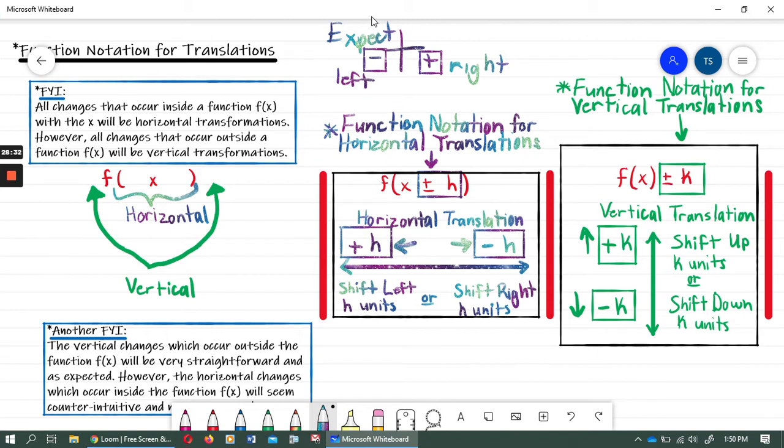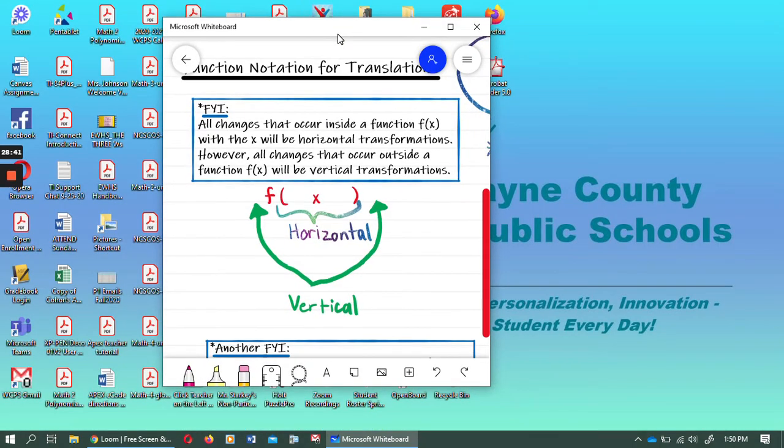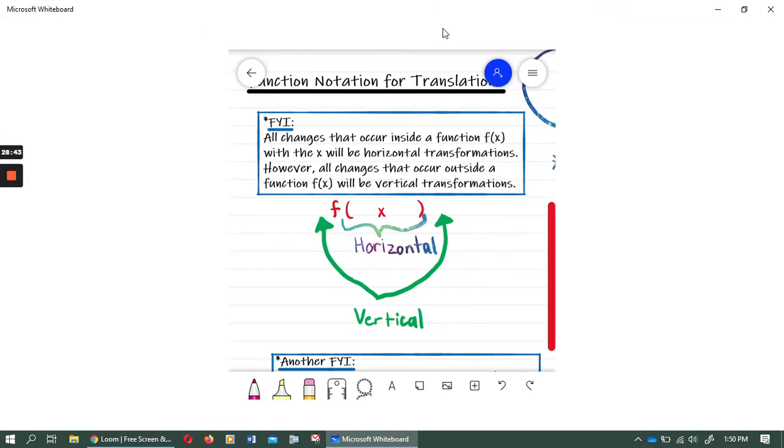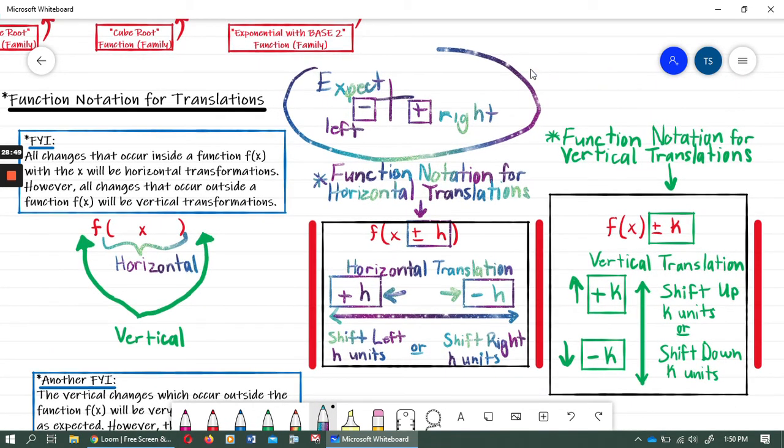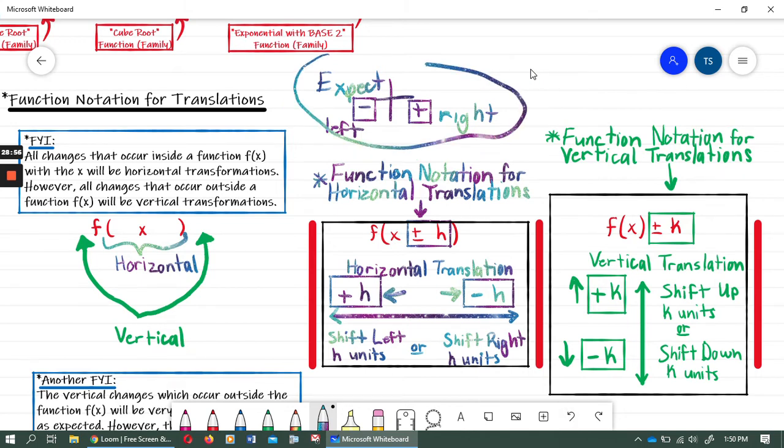which occur inside of the function will seem counterintuitive. They're going to completely shatter your expectations. Excuse me. Excuse that right there, y'all. They're going to completely shatter those expectations that you might have had.